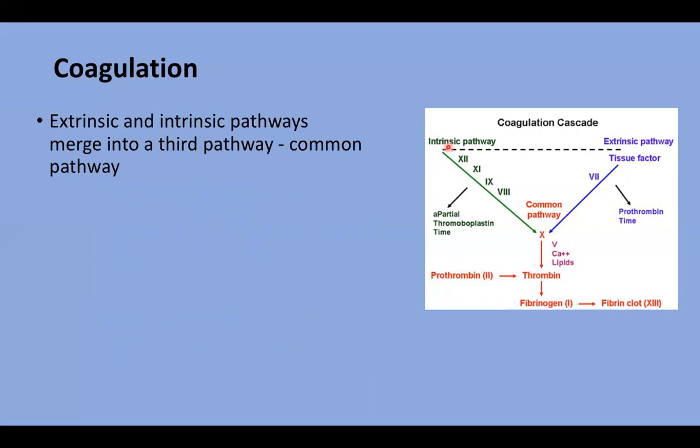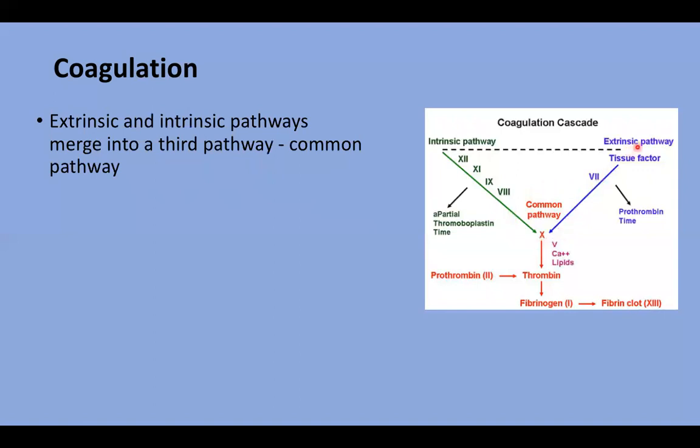Now, regardless if this cascade event started with the extrinsic pathway, with damage outside of the vessel, or the intrinsic pathway, with damage inside the vessel, both of these are going to converge into a pathway that is called the common pathway.